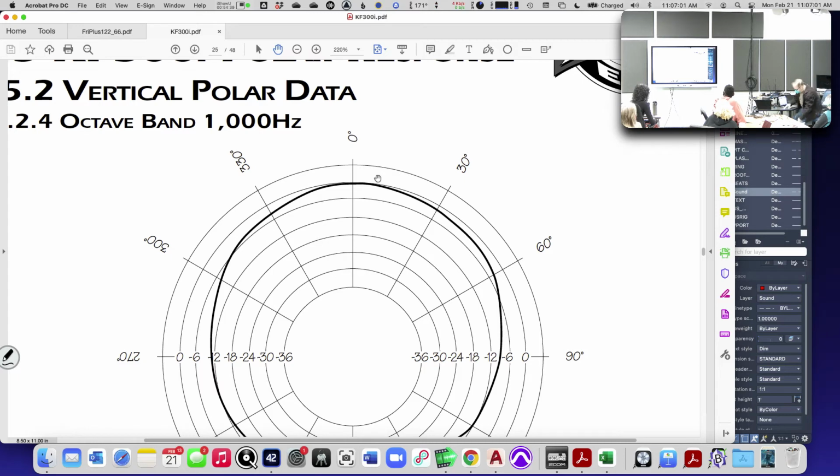So if the loudspeaker is pointed this direction, that's where the back row is, which means when we go to the front row, we'll be going this way. They just numbered it differently, so there's no standardization. But we're looking for 17 degrees, which is about there. Do we need to fight over this? 1 dB or 2 dB?